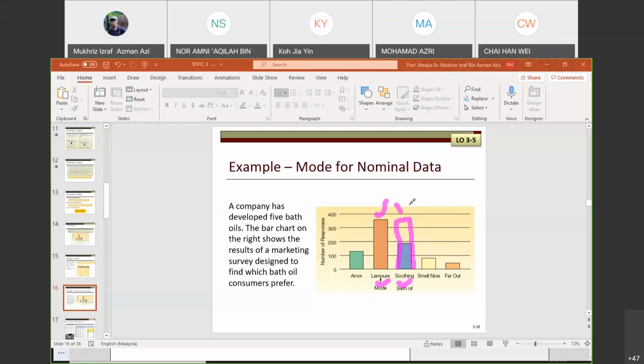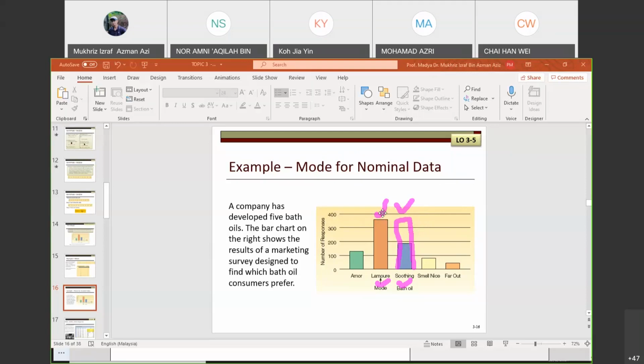So your mode becomes these two, not only this one. So mode is not a unique value; you can have more than one mode in the same data set, as long as the frequency remains the same.